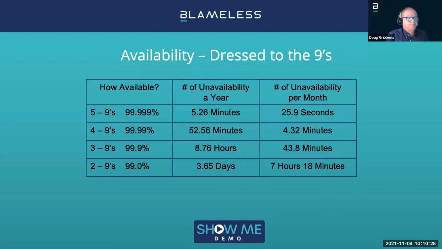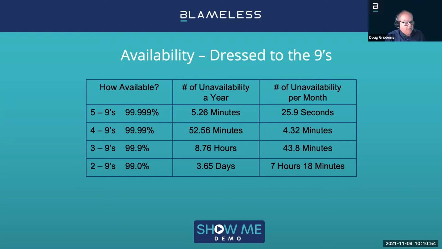So here is broken down all the nines, if you will. You can see that four nines of availability translates to about 53 minutes of downtime a year, or a little more than 4.5 minutes a month. That really doesn't give us a lot of leeway. It's very hard to maintain that level of availability.